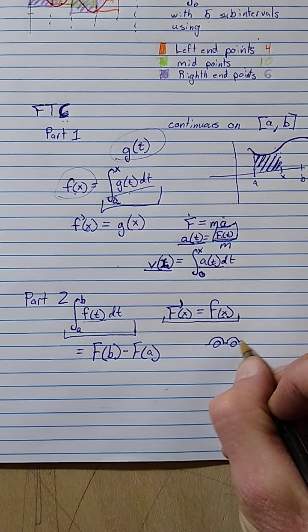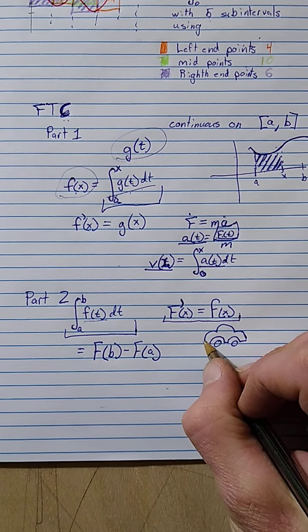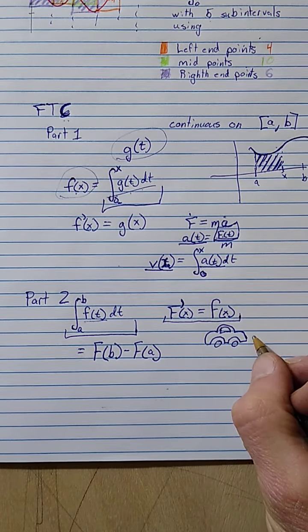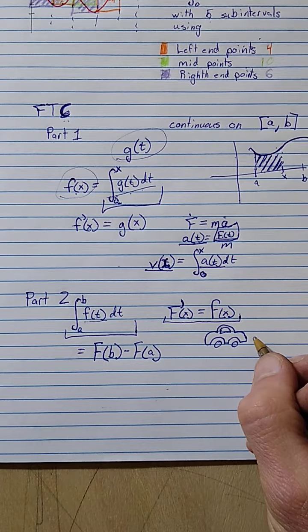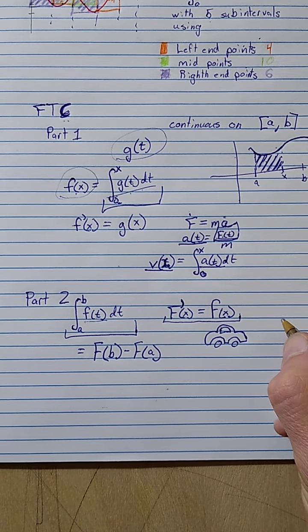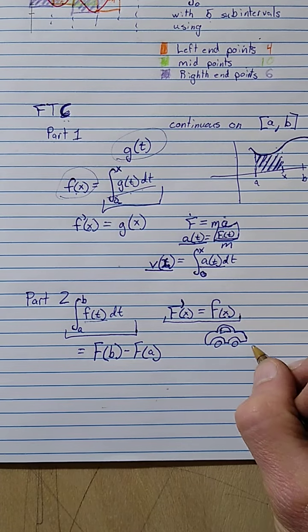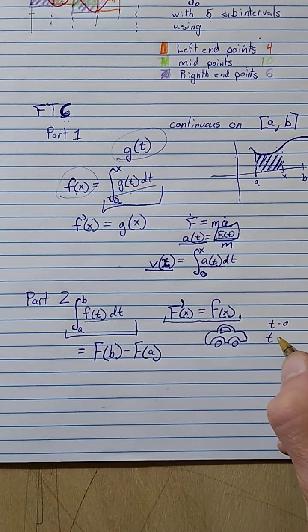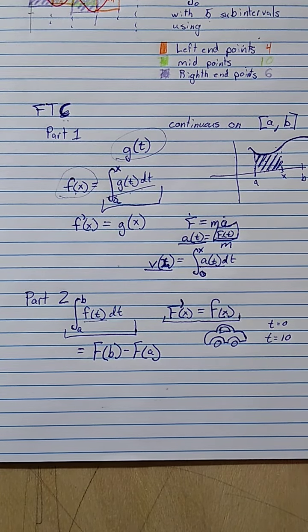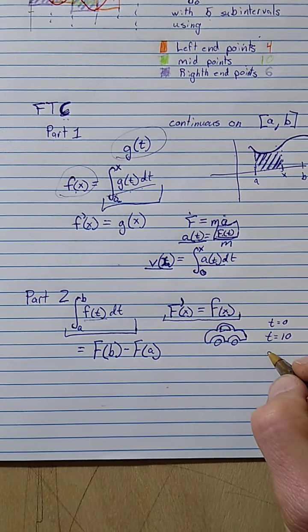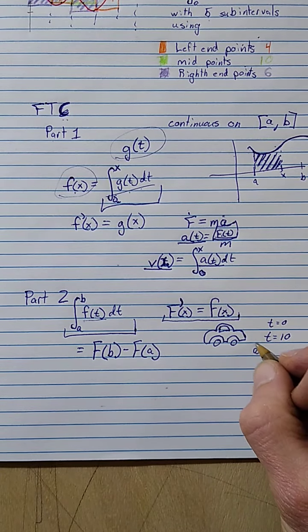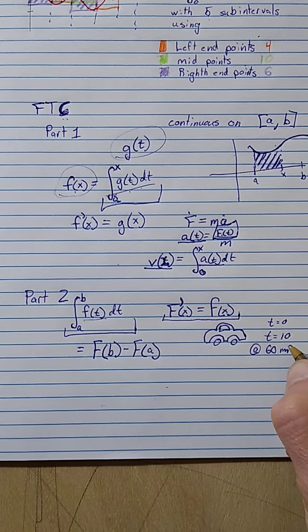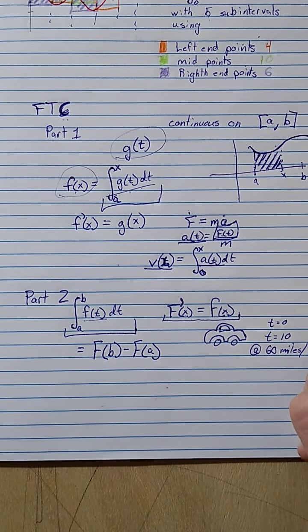so here's our little car, and it's going to, say, drive from time 0 to time, say, 10 minutes at, let's say, 60 miles per hour.